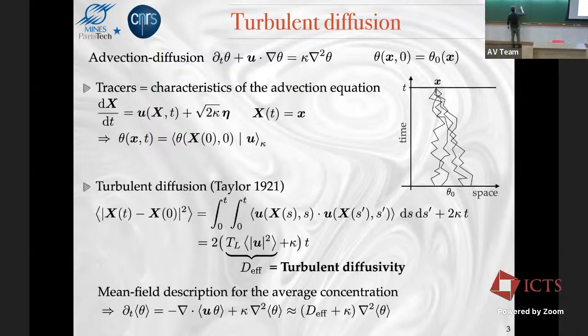So basically you have a double time integral of the correlation computed at s minus s prime, ds prime. Here I just rewrote this by noting that the correlation only depends on the time difference.